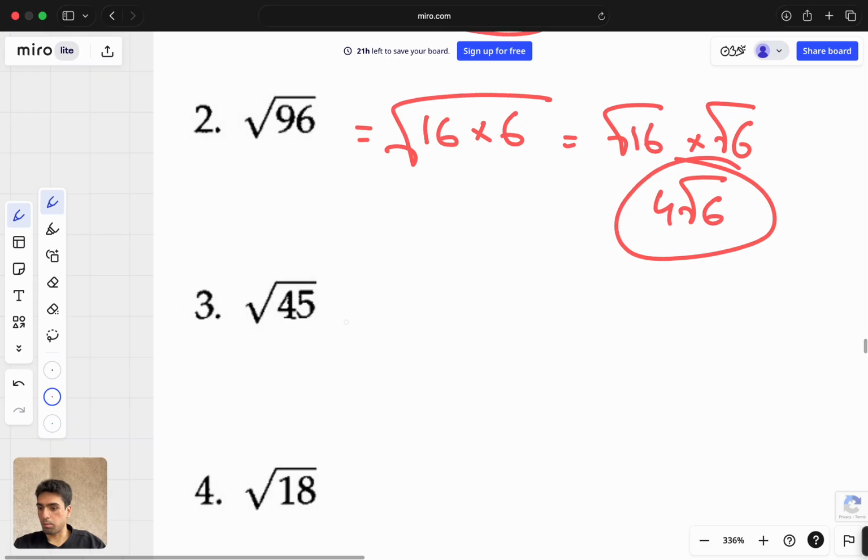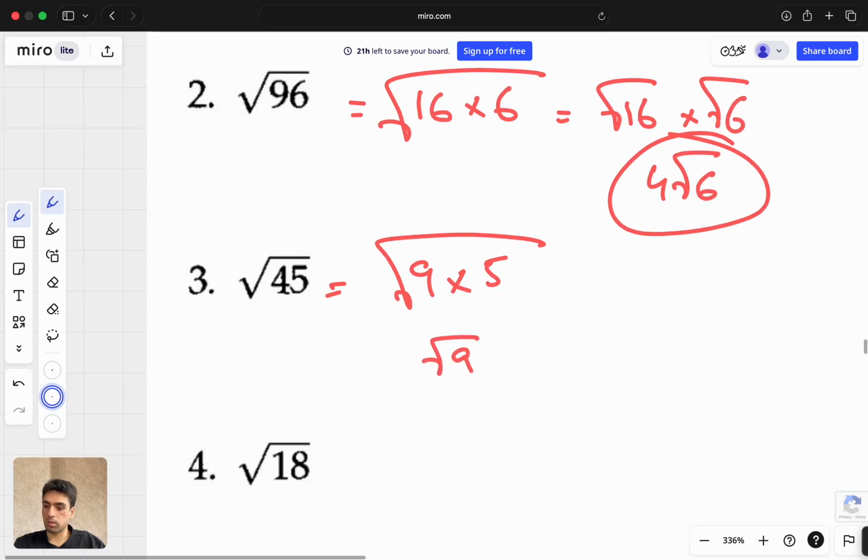That's it. 45, you can write as 15 times 3, or you can write it as 9 times 5. In this case, it'll be better to use this because 9 can be taken as a root.